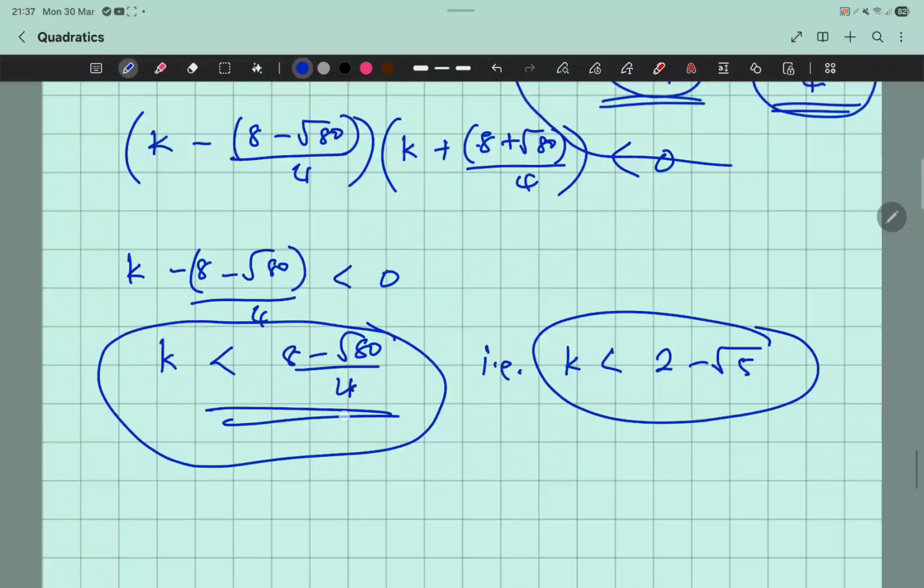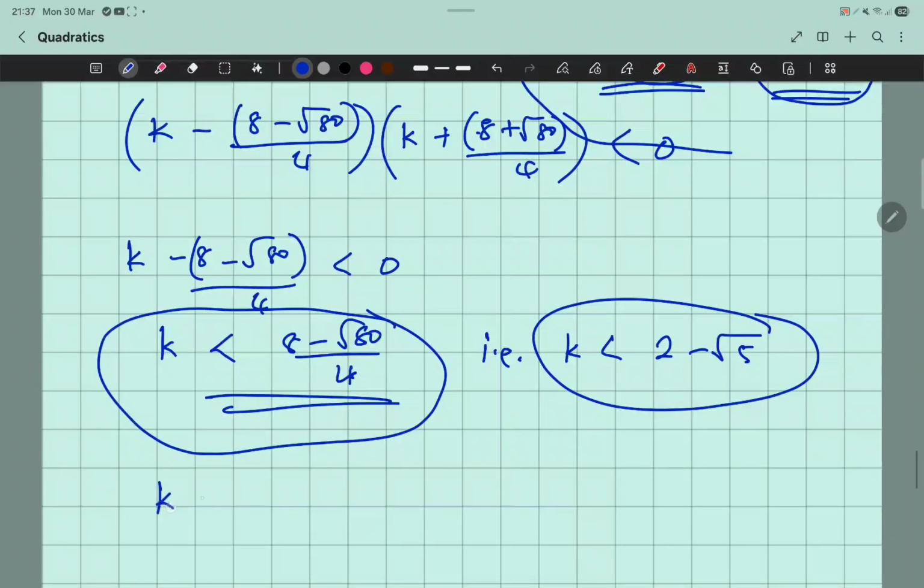Then if you take the other one, which is k plus, if we simplify this, it simply gives us this, but it's okay. Let's just do this correct thing procedurally. So actually k plus (8 plus root 80) over 4 less than 0.